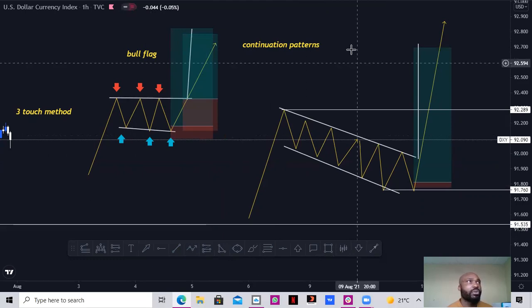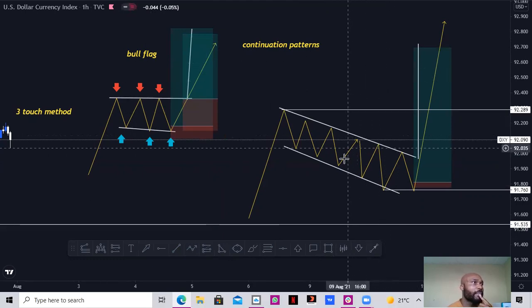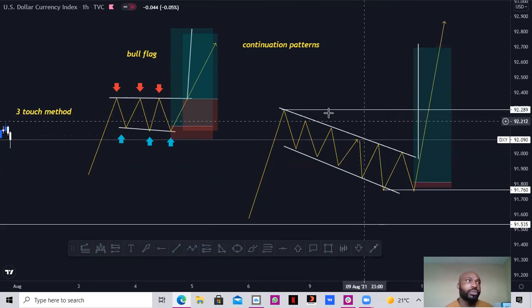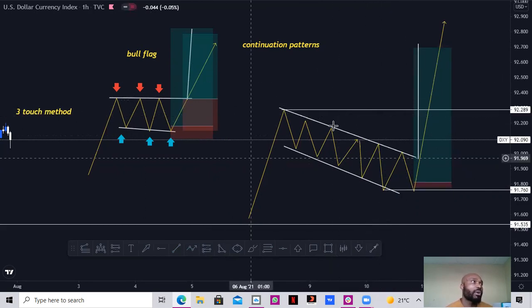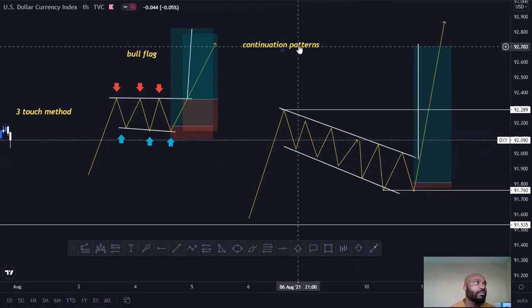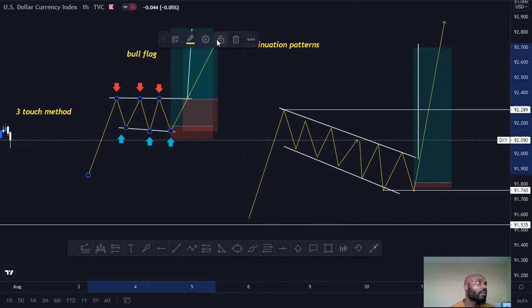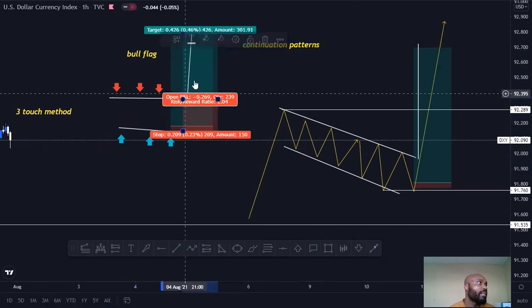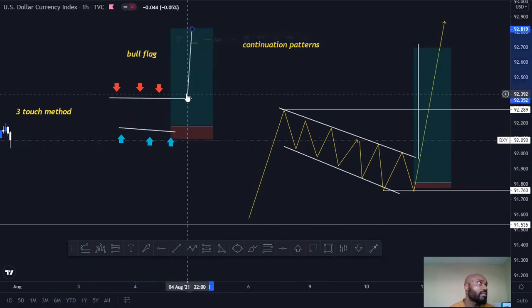Now we're just quickly going to go to the bearish flag. Okay, we're going to do a bearish flag now. I'm just going to delete these.